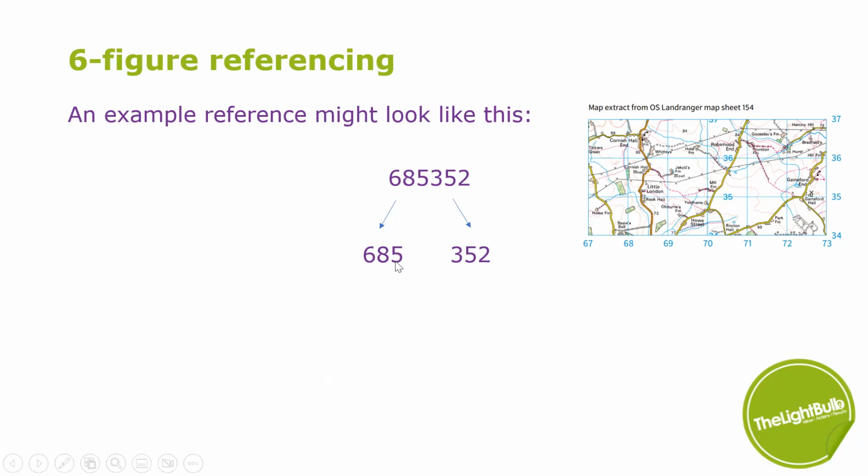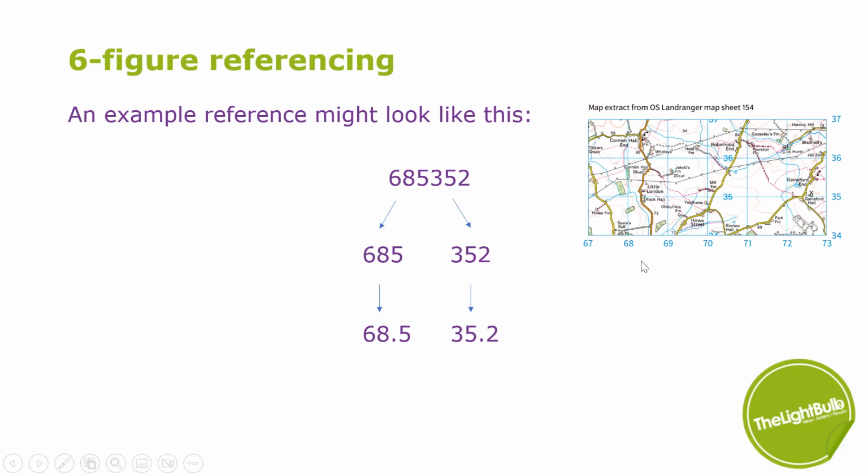Because this third digit, we can actually think of it a bit like a decimal point on that 68 number. So if we put some imaginary decimal points in, and we said that this number is actually 68.5, then we could start to think, well, maybe then I'm looking halfway in between 68 and 69, and that's the first location of this X coordinate here.